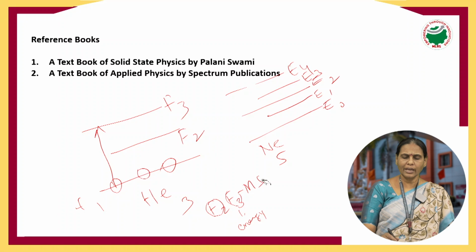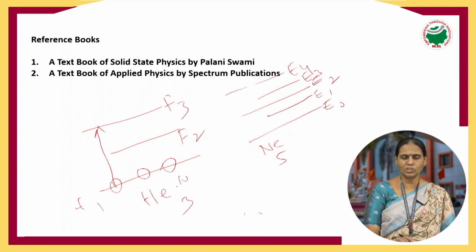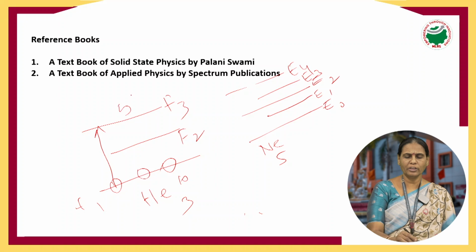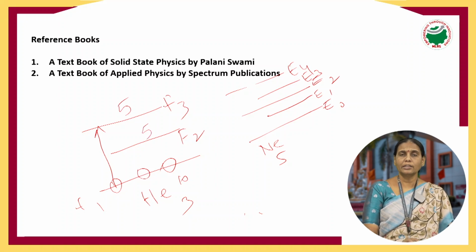That means once you give energy, for example, let us take 10 helium atoms present in the lower energy state. From these 10 helium atoms, 5 will jump to the F3 state and at the same time 5 will jump to the F2 state. As these two have the same energies, the same number of atoms jump to both energy levels, F2 and F3.